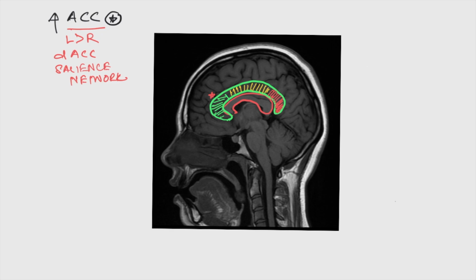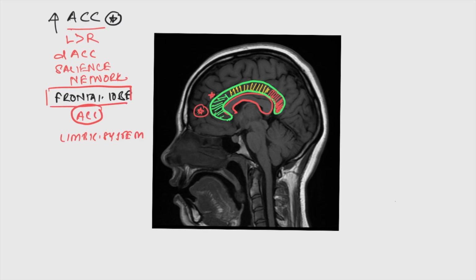What's the function of the anterior cingulate cortex? What the anterior cingulate cortex actually does is that it's an interface between the decision-making frontal lobe, right? We all know where the frontal lobe is here. This is the frontal lobe, right? And the emotional limbic system, right? So it usually acts as an interface between the decision-making frontal lobe as well as the emotional limbic system.